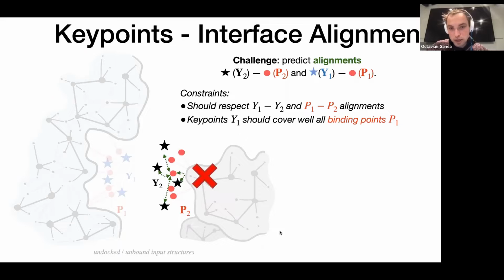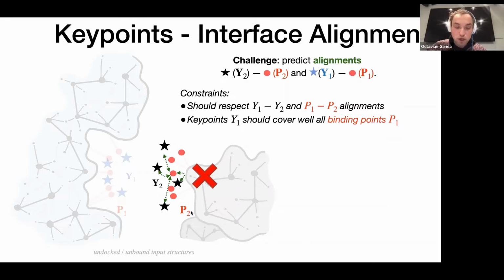A second challenge is that we want to make sure that the key points cover the binding interface points well. We cannot just align all black key points to a single red binding interface point, because this is not going to cover all the other remaining red points.